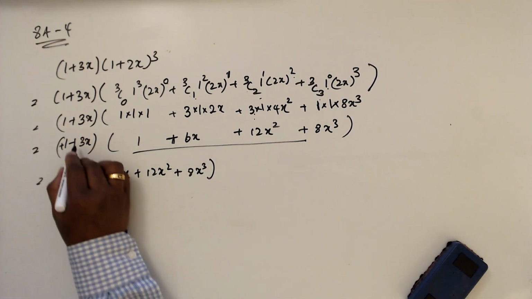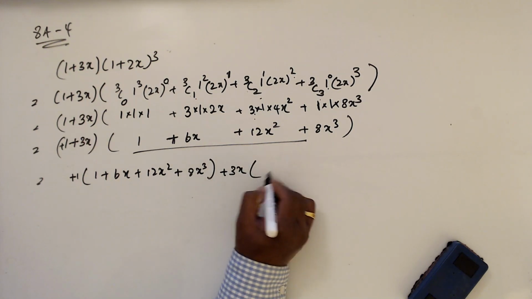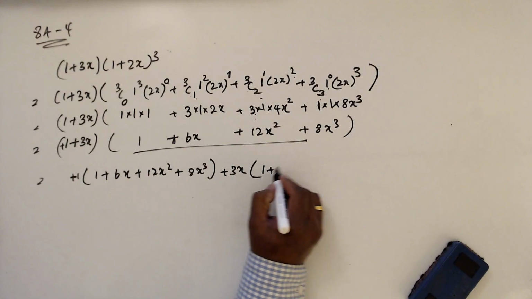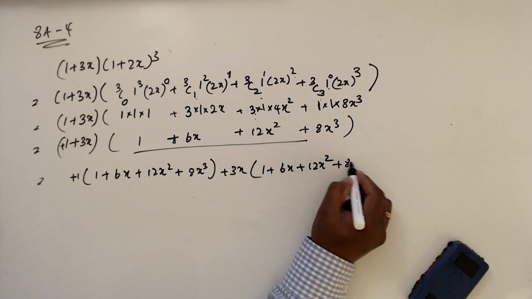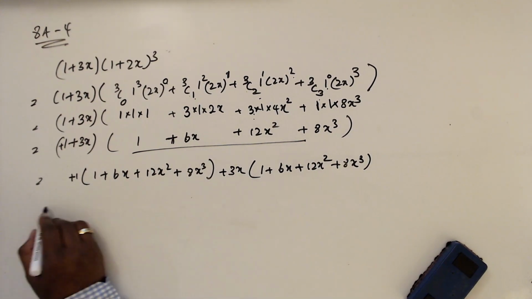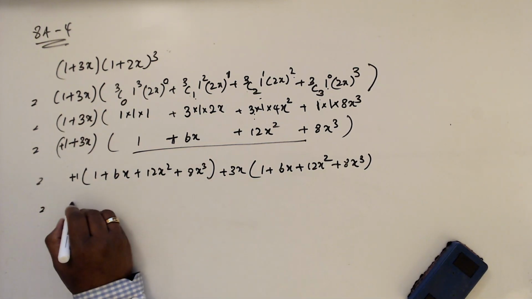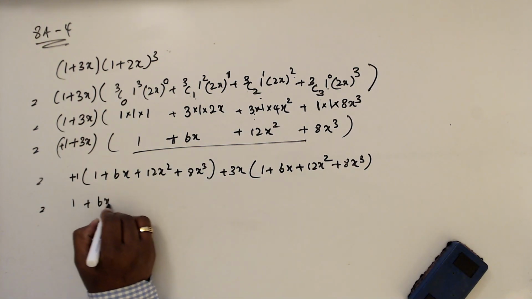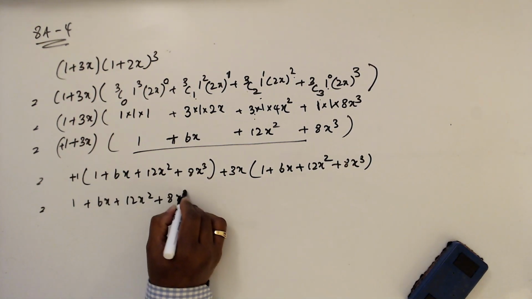The second one is plus 3x times the whole set. Multiplying anything by 1 is still the same.